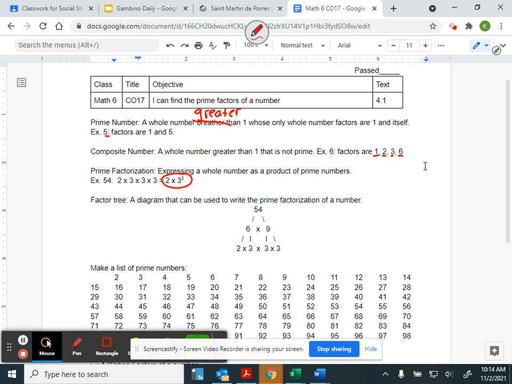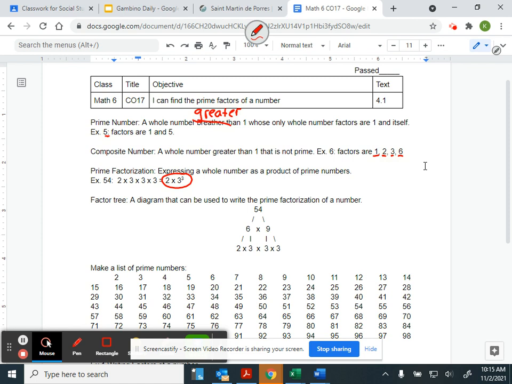The factor tree is a diagram that can be used to write the prime factorization of a number. So we have 54. We can divide 54 into 6 times 9, because we know those are 2 factor buddies that equal 54.